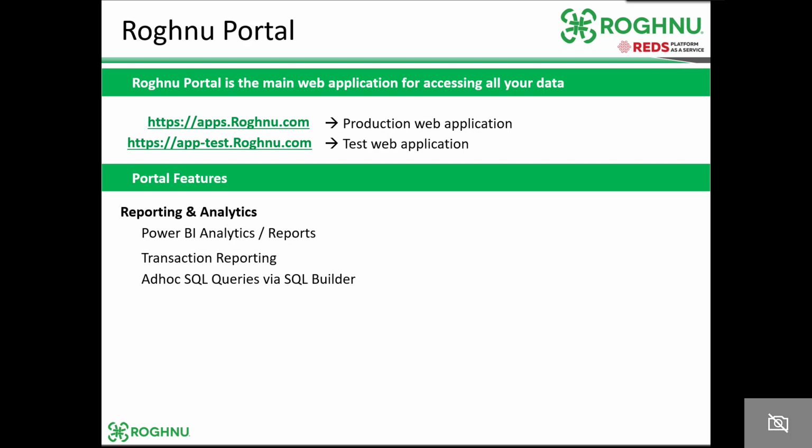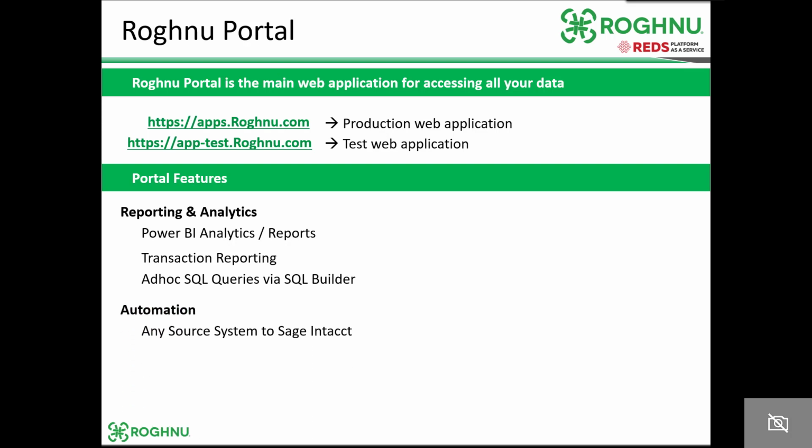Our ad hoc SQL queries via our own Roghnu SQL Builder is a very feature-rich online SQL Builder application within our website. This allows you to access any of your data at any point in time via either a mobile device or your computer.